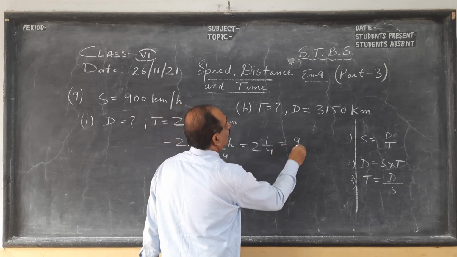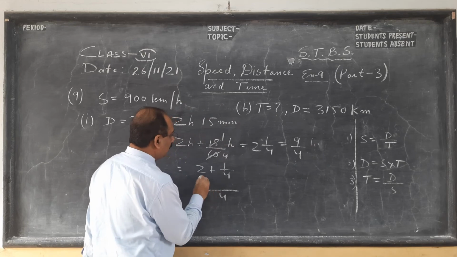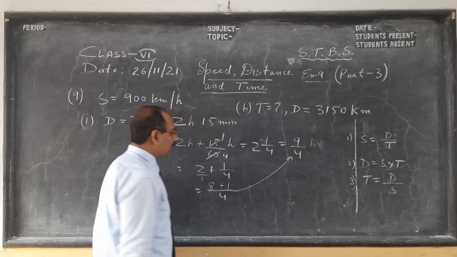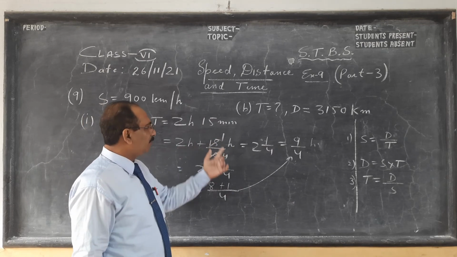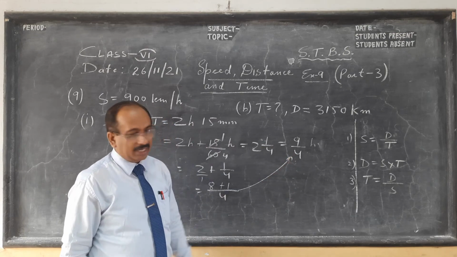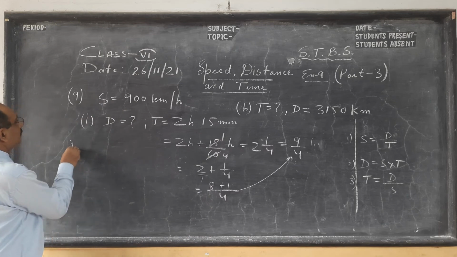Ultimately you will get 9/4 hours only, children. Here the LCM will be 4, so this will be 8 plus 1. So directly, if this is a proper fraction, less than 1, 2 plus 1/4 is 2 1/4. Convert it from a mixed fraction to an improper fraction. This is another way.